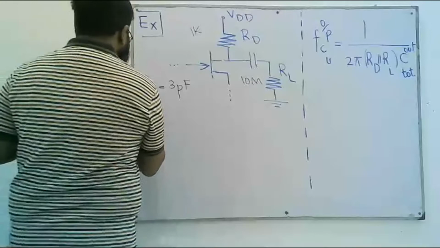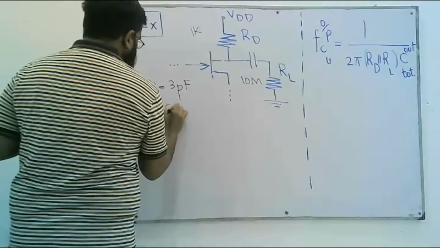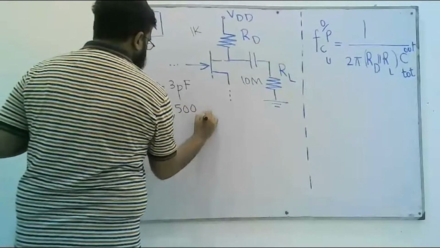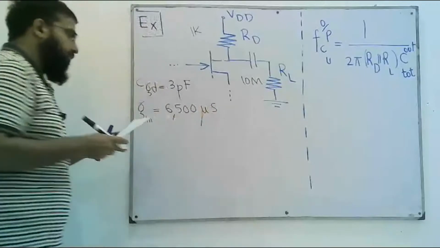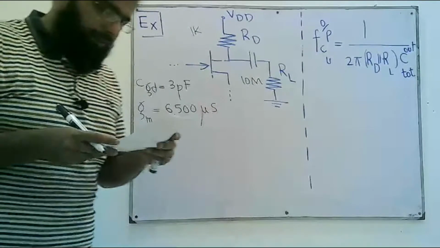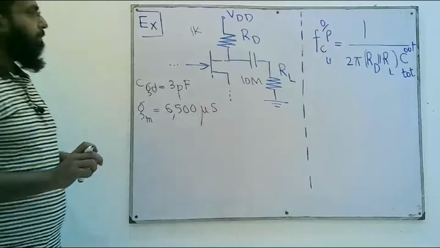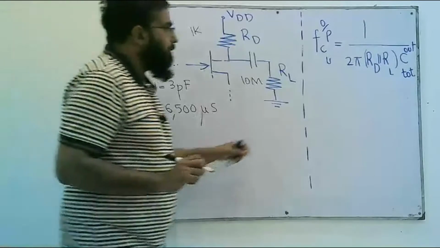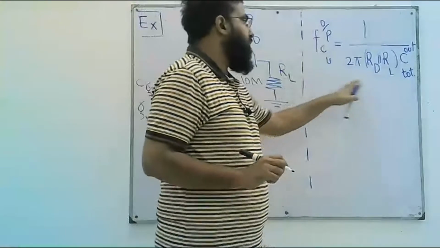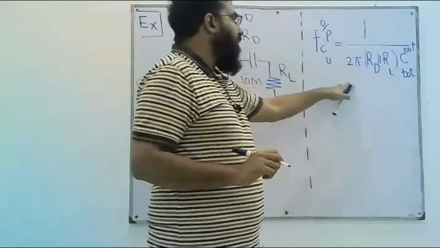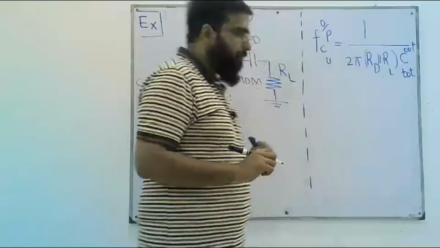And GM, the transconductance, was 6,500 microsiemens. So this is the data available, and we have to find this upper cutoff frequency by putting values in this expression.